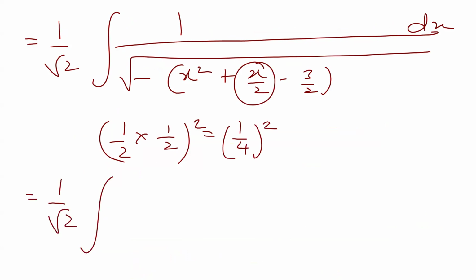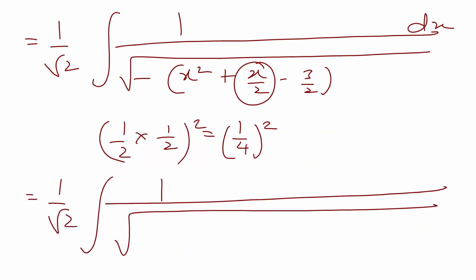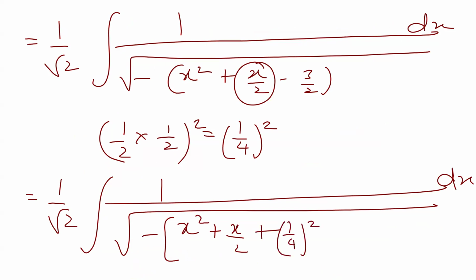1 by root 2. Okay, so minus x square plus x by 2 plus 1 by 4 the whole square minus 3 by 2 minus 1 by 4 the whole square. So now first three terms and the last two terms.